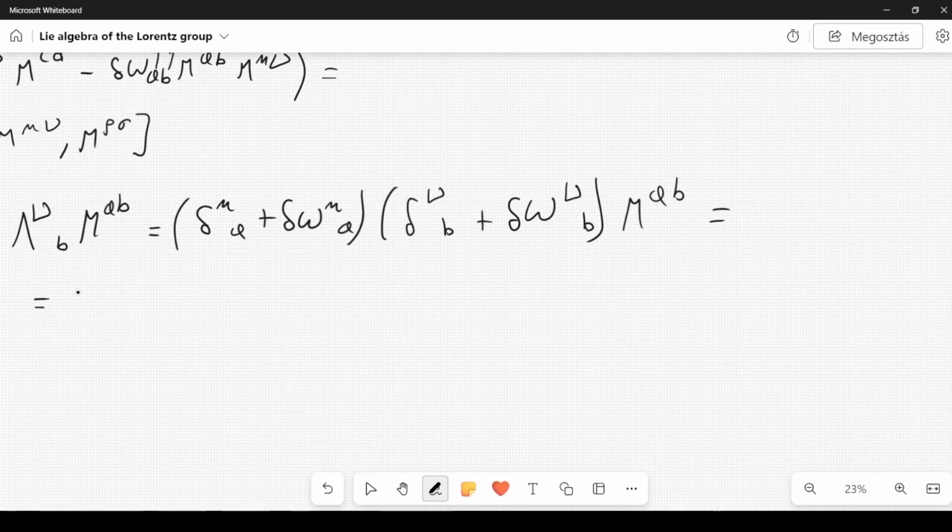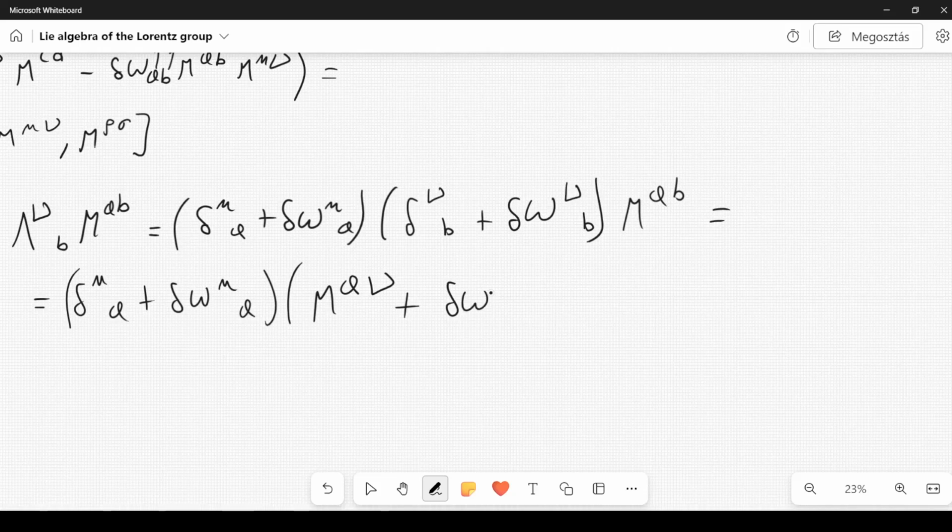Now we can do some multiplications there. We have delta mu A plus delta omega mu A. If we multiply by M AB, we have M A nu plus the change in omega nu B M AB, which is equal to M mu nu.